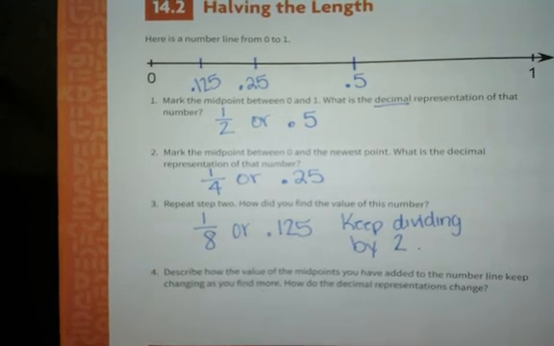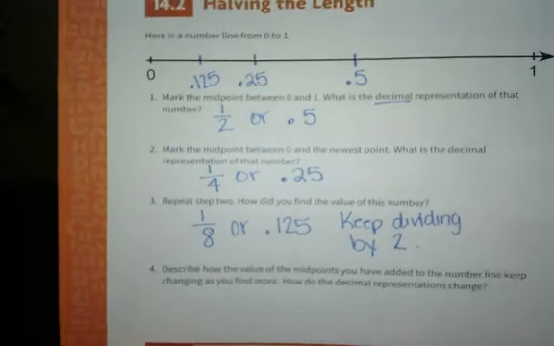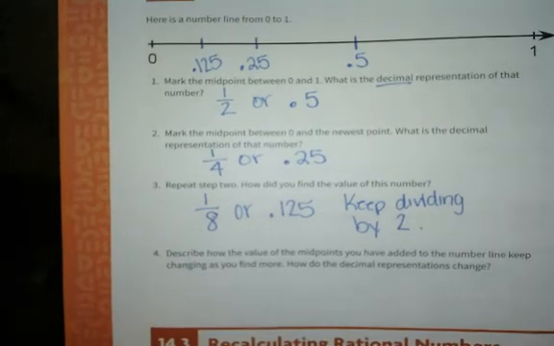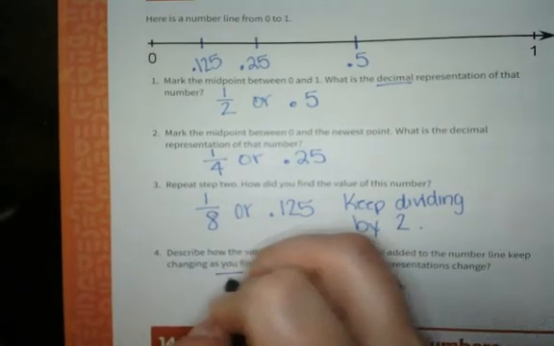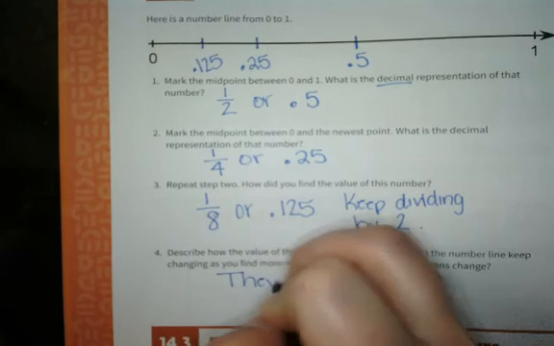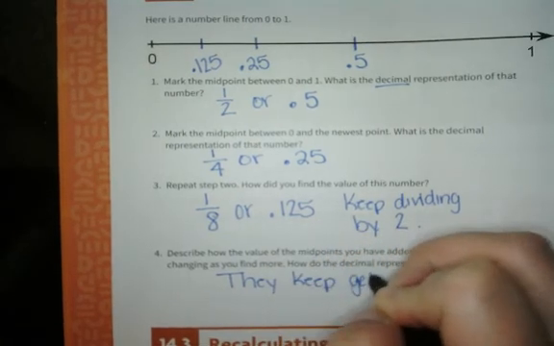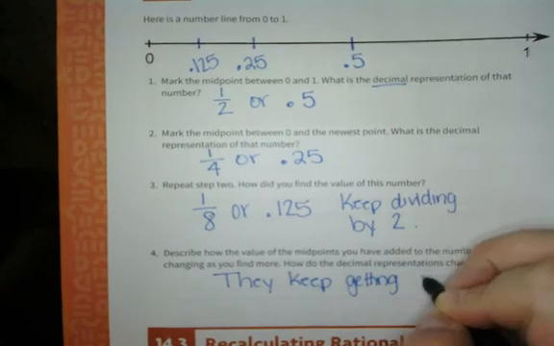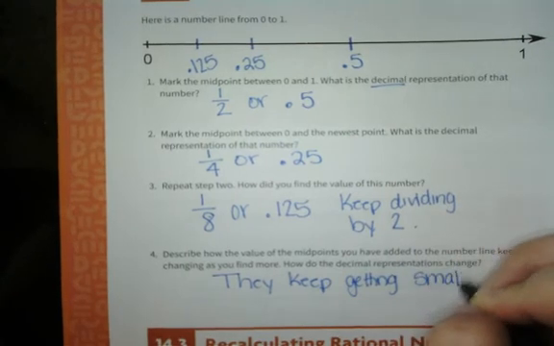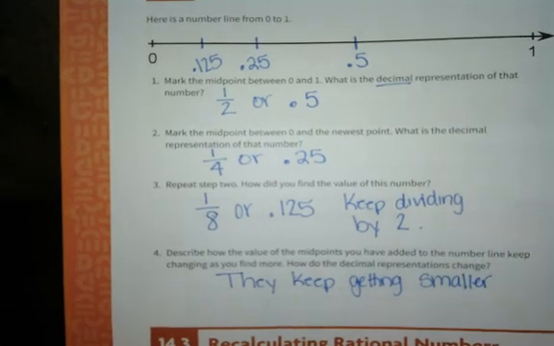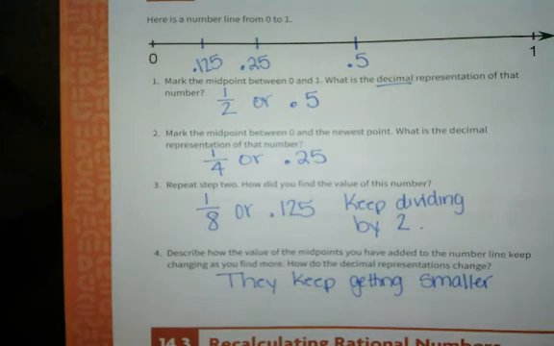Good. Describe how the value of the midpoints you have added to the number line keep changing as you find more. How do the decimal representations change? I would say they keep getting smaller, because obviously they are getting smaller every single time you do that.